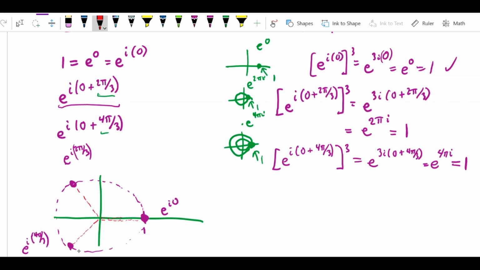We add another third of the circle to get to the third root, and if we were to add another third of the circle to go from here over to here, we'd just be back to the same root and we'd start repeating ourselves. So even though we could certainly write it as e to the i(0 plus 6 pi over 3), that itself is not even a different number from 1. So we've just gotten back to the same root.